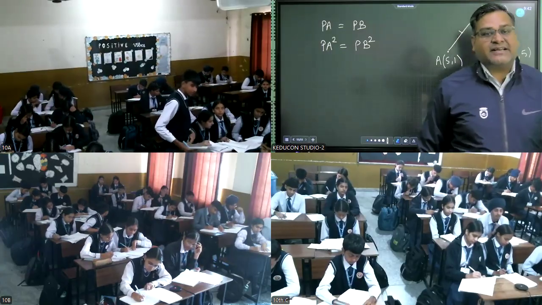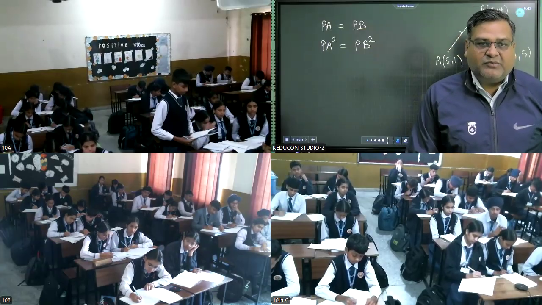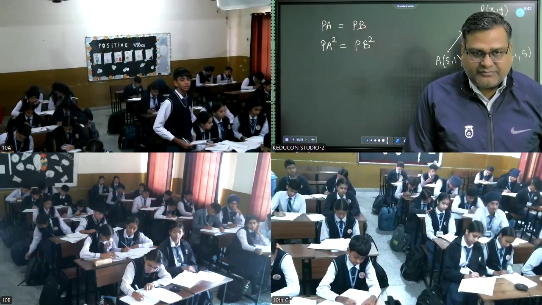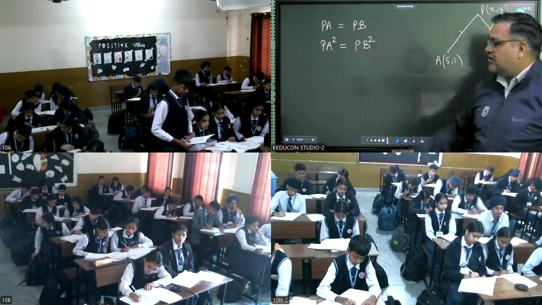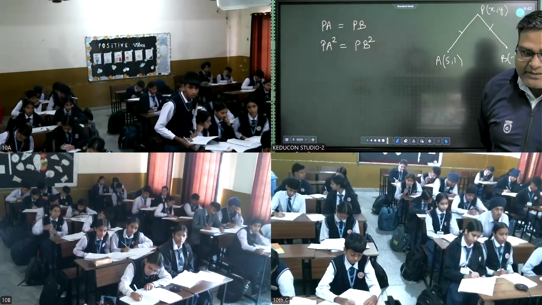Beta, will you tell me how to do this? By distance formula. What is this formula? Under root x2 minus x1 whole square plus y2 minus y1. Why are you not applying the distance formula? Why haven't you applied it yet?